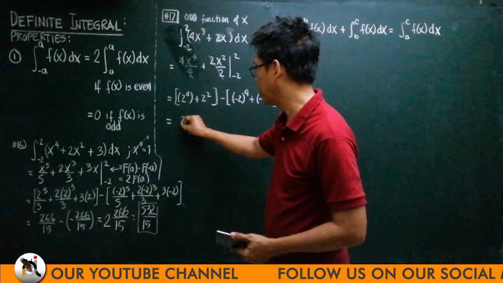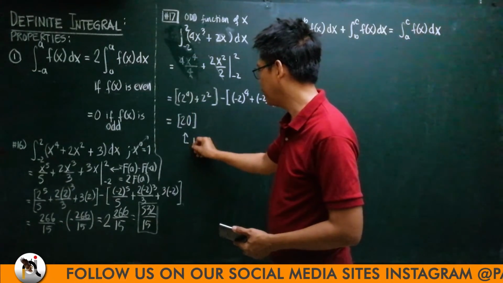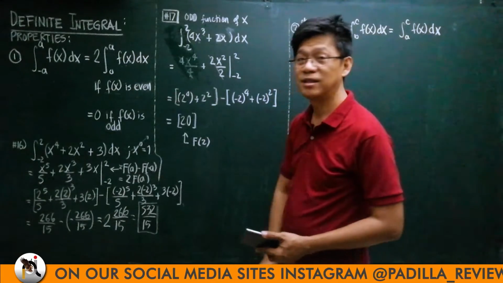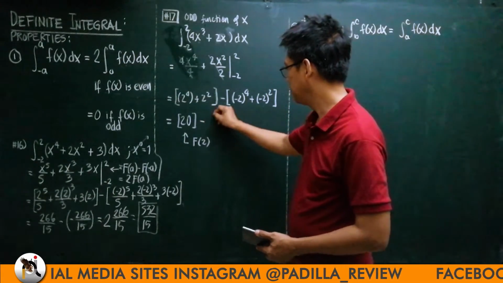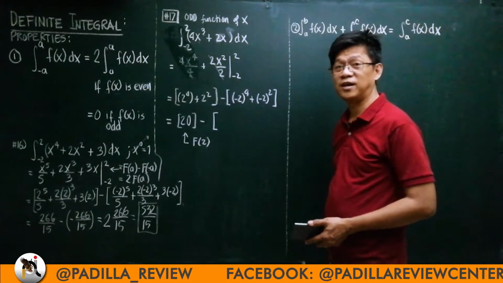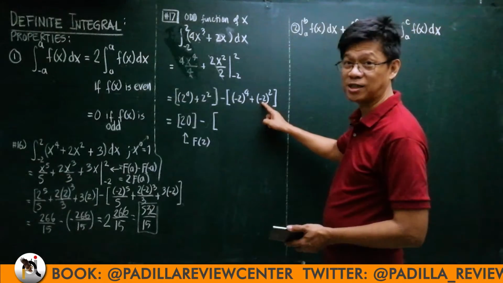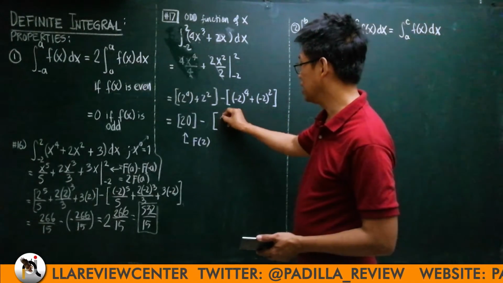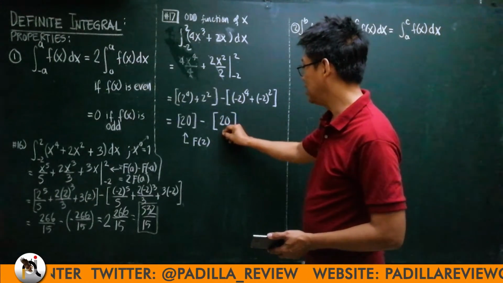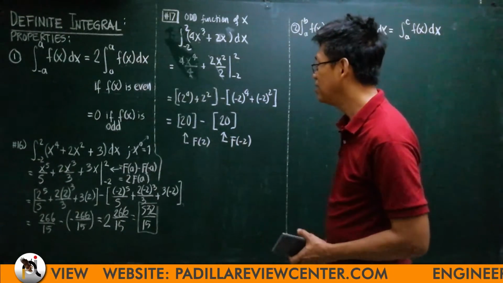So, this is 20. This is f of 2, right? Minus 2 to the 4th, negative to the even is positive. So, this is positive 16, this is positive 4. So, this is 20. This is your f of minus 2.